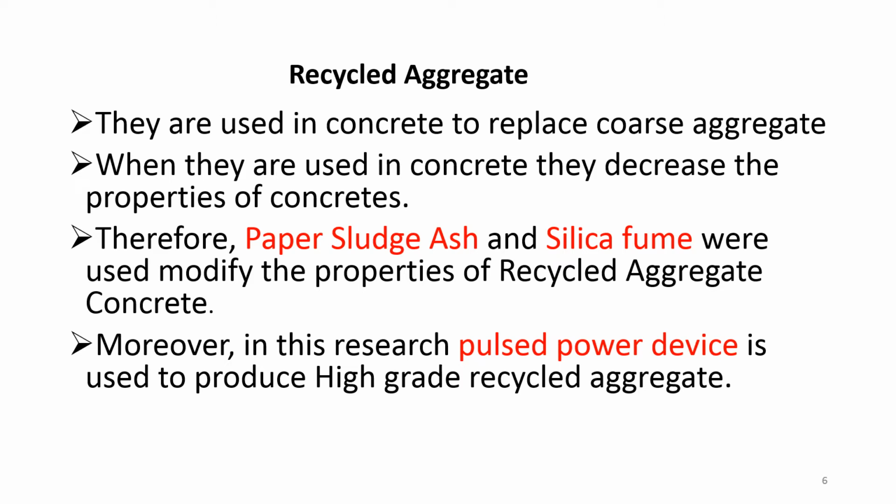To improve the properties of recycled aggregate concrete, in this research, I use paper sludge ash and silica fume. Moreover, in this research, a pulse power device is used to produce high-grade recycled aggregate.